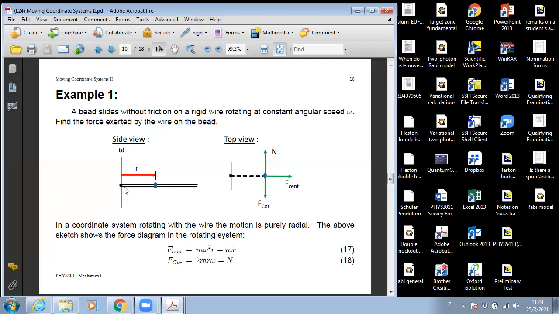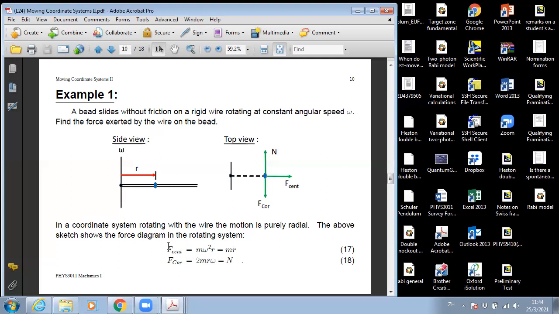Okay, if I add a spring to this bead, the spring constant is K, the unstretched length is 0. What will happen? What we need to do is to add the restoring force to the fictitious force here.